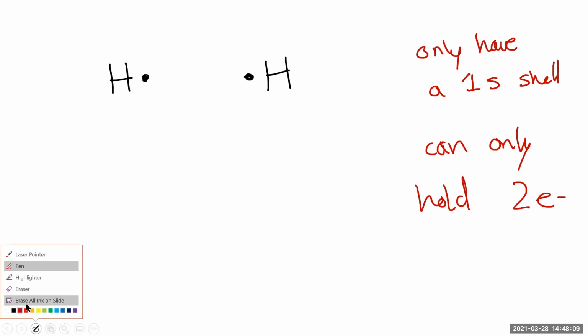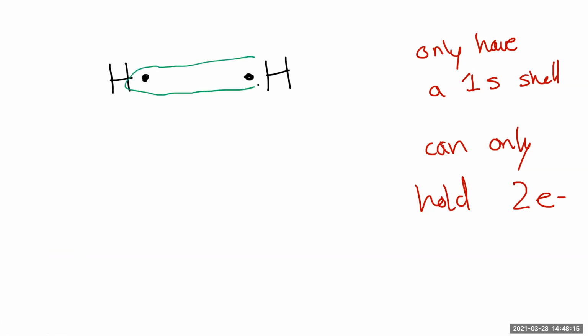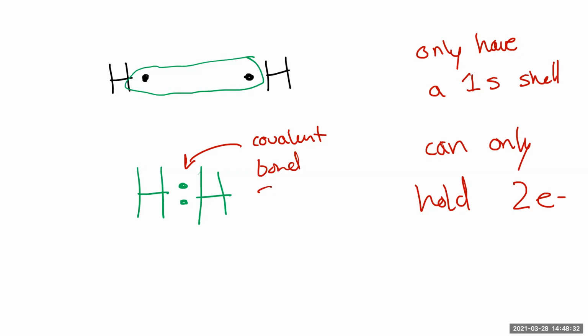So that means when you get orbital overlap between these 2 atoms, like so, we can now consider them to be sharing these electrons. We'll draw 2 electrons between the hydrogens, like so. And this is now that covalent bond showing the sharing of those 2 electrons.